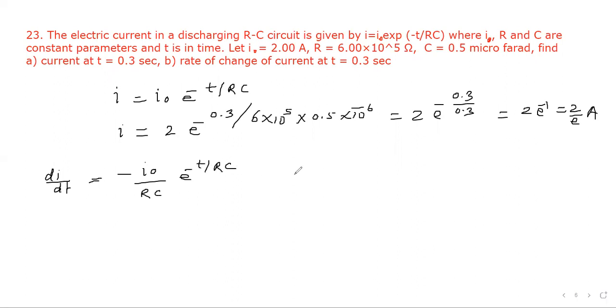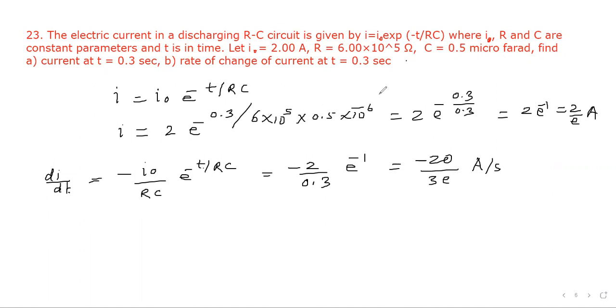Now t equal to 0.3 second. So we will get I0 is given 2, so minus 2 upon RC, which we have evaluated as 0.3, and e to the power, here t equal to 0.3, so this will become minus 1. That will be equal to minus 20 upon 3e ampere per second, because di by dt. And one part is not written.